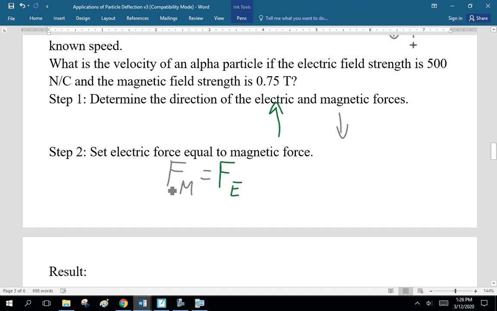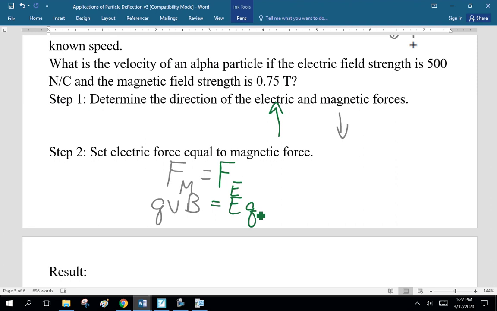Now, you can see why they like this, because there's a lot of stuff from the previous chapter, plus we're getting into circles again. Now, what's the formula for magnetic force? QVB. Anybody remember electric force? No, that's for two charges. EQ. Now, QVB equals EQ.